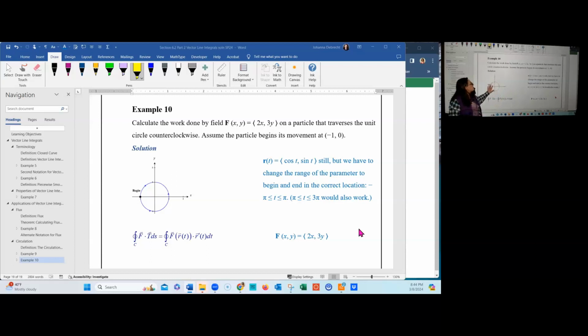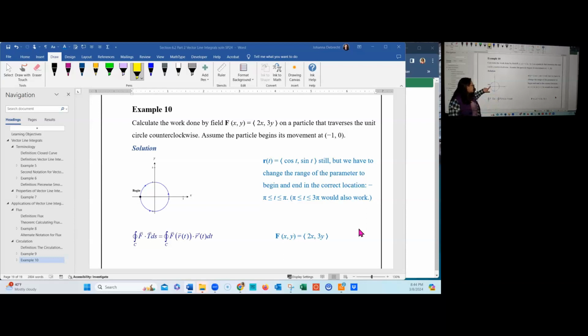Since we again have the unit circle, we're going to go ahead and use cosine t, sine t as the parameterization. But in order to force it to start at negative 1, 0, we're going to have to start at some place other than 0 to 2 pi.